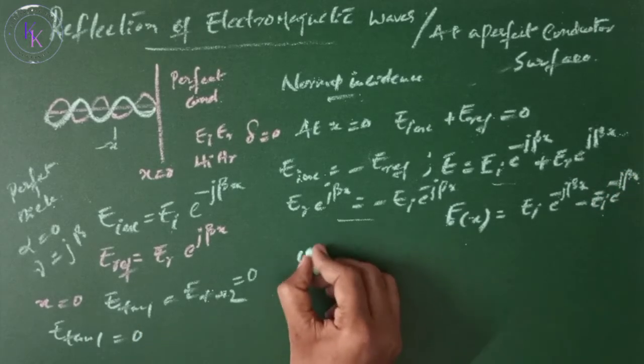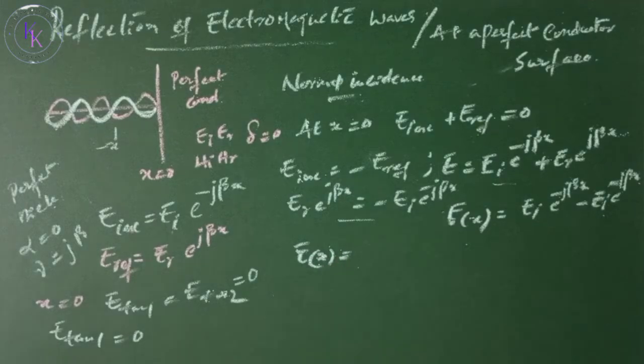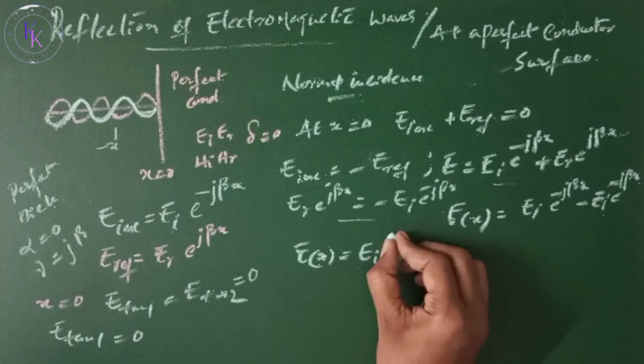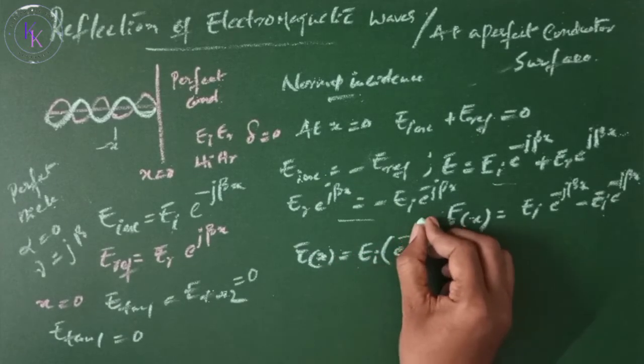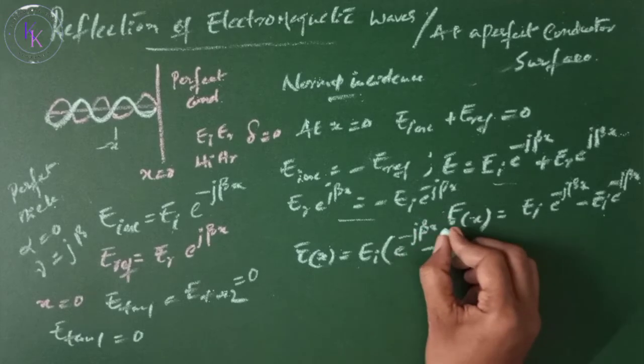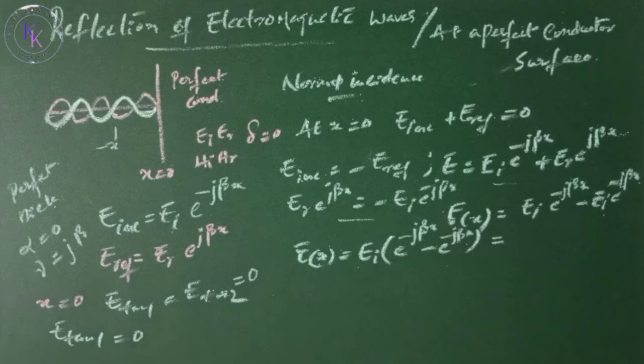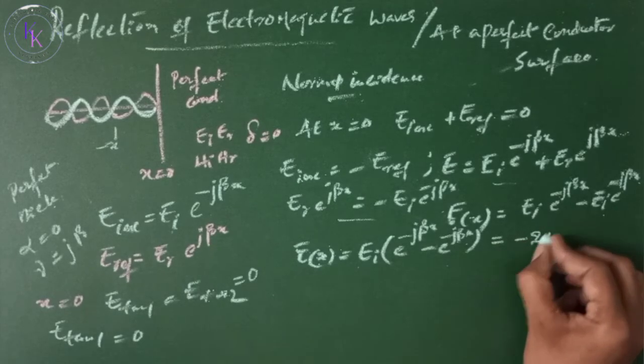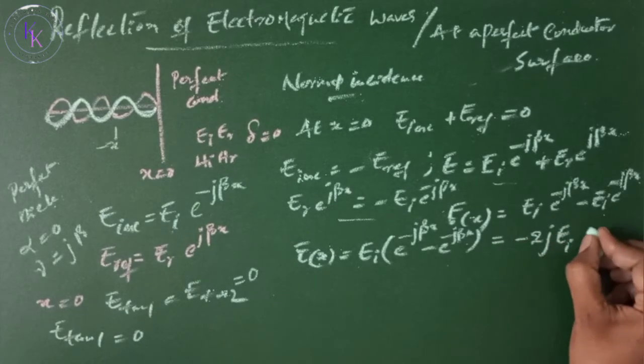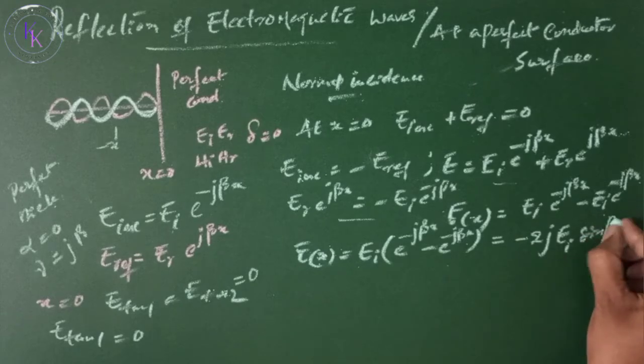Now you can write E of x by taking Ei common, then e to the power of minus j beta x minus e to the power of j beta x. This we can write as minus 2j Ei sin beta x.